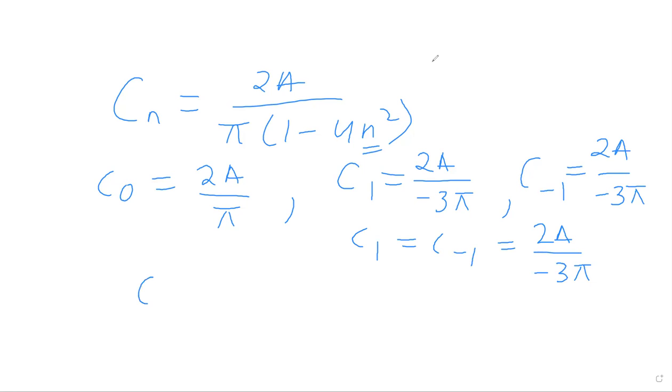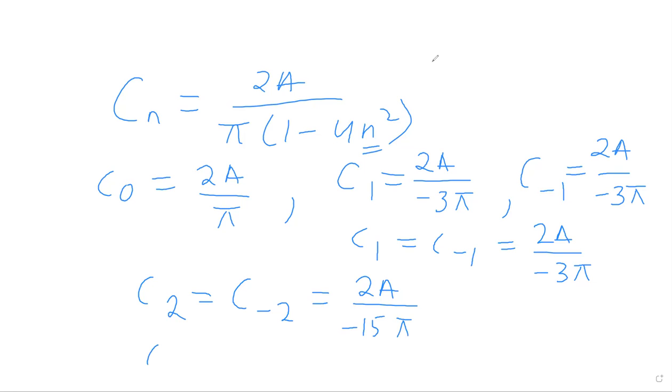Similarly, C2 will also be equal to C minus 2, which equals 2a by pi into, 2 square is 4, 4 into 4 is 16, 1 minus 16 is minus 15 pi.